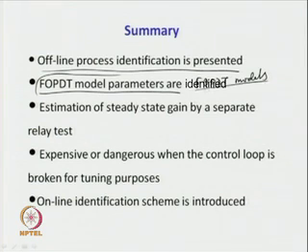Not only first order plus dead time models, but we can also obtain transfer function models of various forms, and those are non-minimum phase transfer function models and higher order time delayed transfer function models. In that case, what will we have?